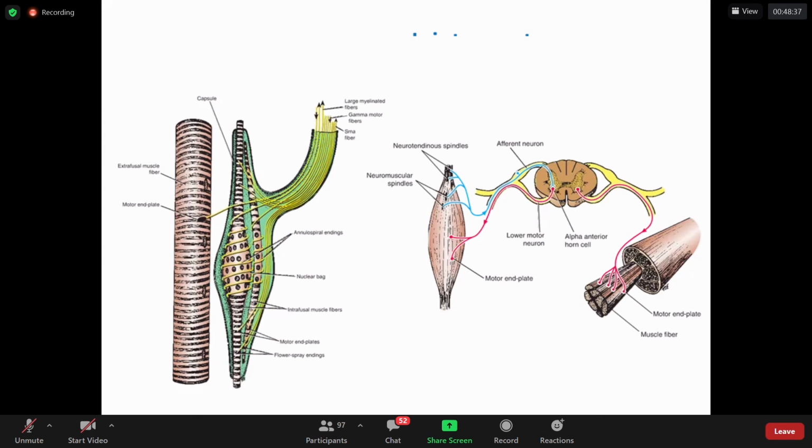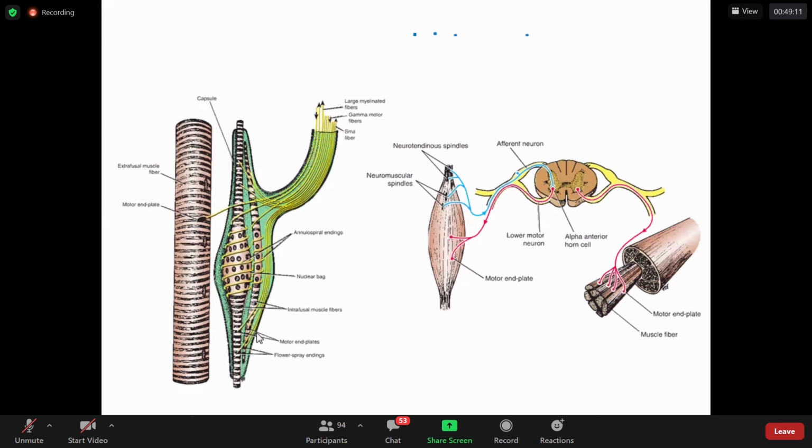And as you can see, the structure of the nuclear bag fiber, here you can see it is swollen in the middle, and there is the presence of spirally arranged nuclei in the equatorial region of the bag fiber. And nuclear chain fibers are chain-like, they are not bag-like, and the nuclei are not spirally arranged, they are vertically arranged, but they are also present in the equatorial region of the neuromuscular spindle, right?